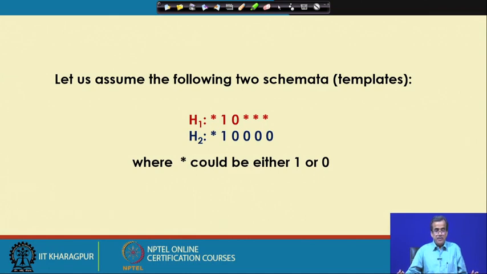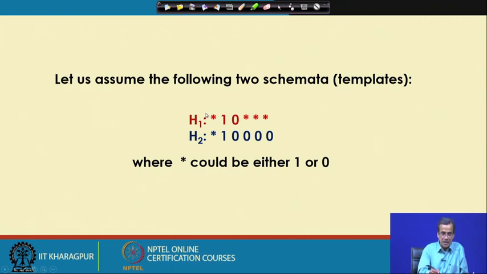Now, to explain this particular schema theorem, we take the help of some schema or template, and schemata is the plural of schema. So, schemata means templates. Here, for simplicity, I am going to consider only two schemata.